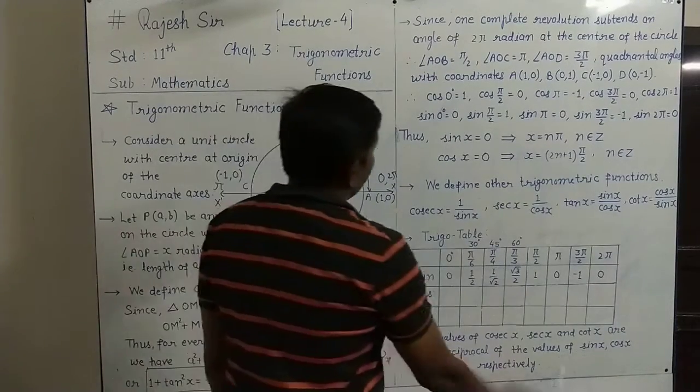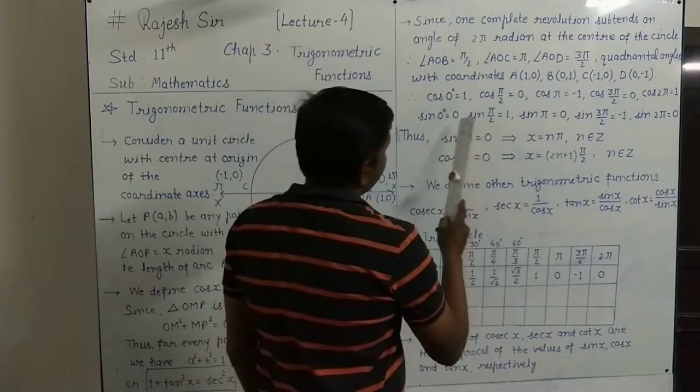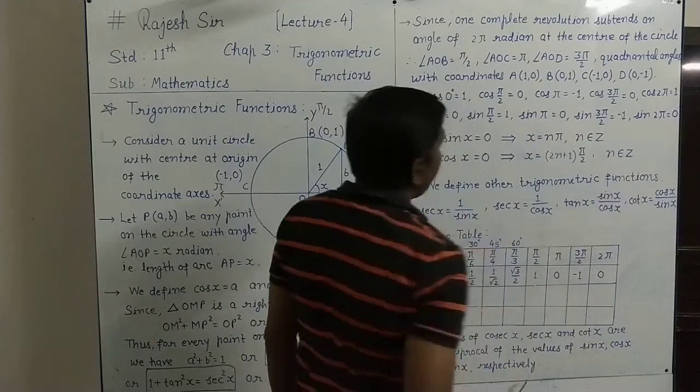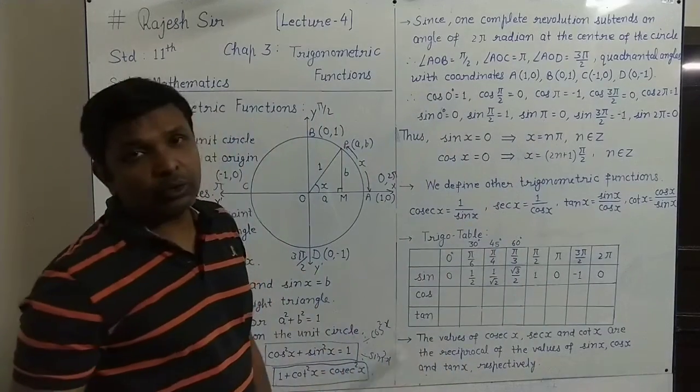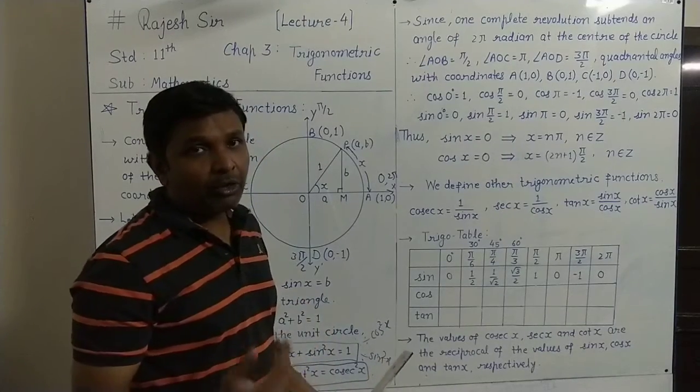Here we have to observe one thing: sine is always 0 at sine 0, sine pi, sine 2 pi, which means sine is 0 at multiples of pi.